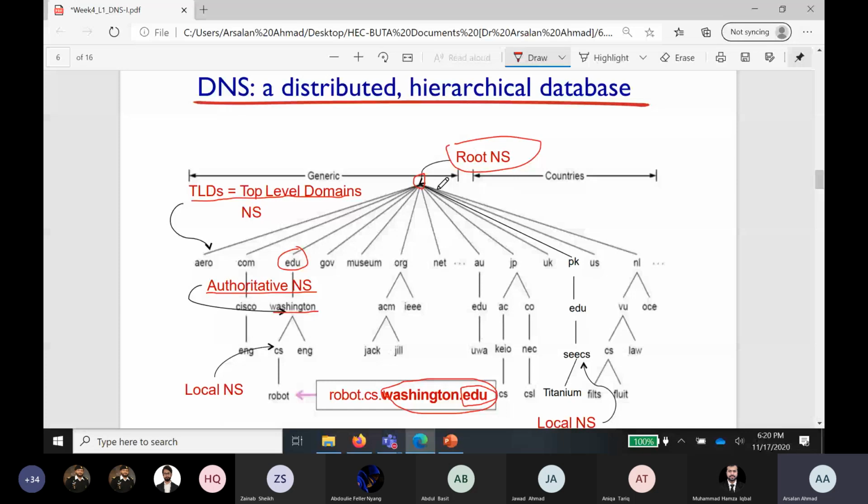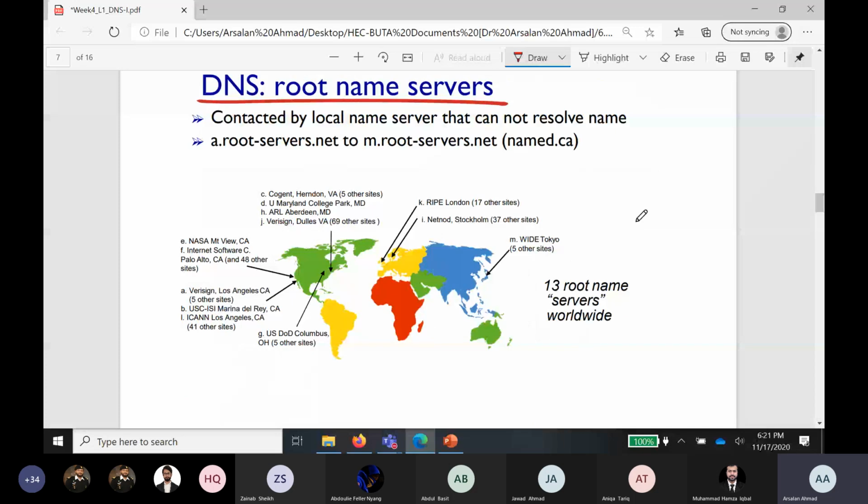But that's not correct. The root name server refers to a specific copy of data entries which is replicated around the globe, and basically there are 13 root name servers worldwide. When I say 13 root name servers, I basically mean 13 different entities, 13 different companies who are responsible to act as root name servers.